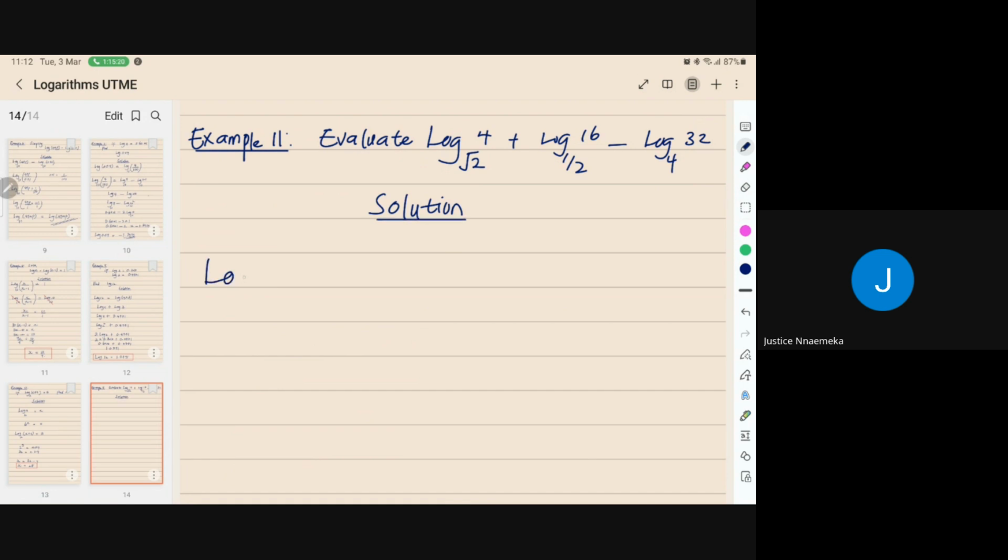This means we have log 4. Root 2 simply means what? What does root 2 mean? It means you have something like 2 to the power of 1 over 2. A thumbs up if you get what I'm saying.